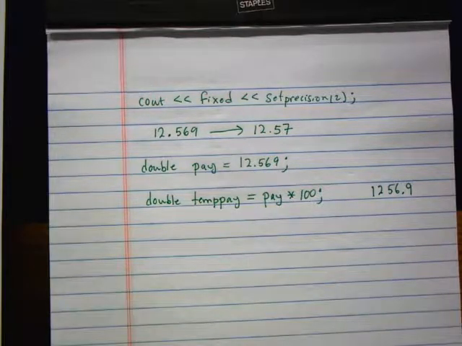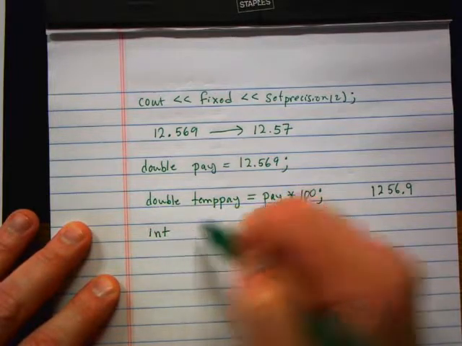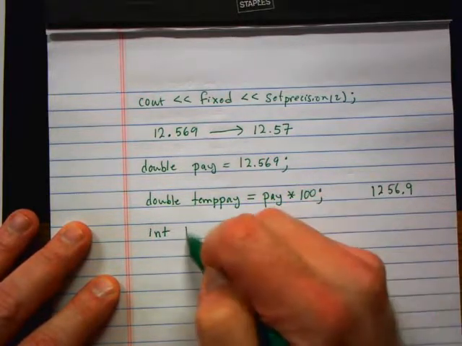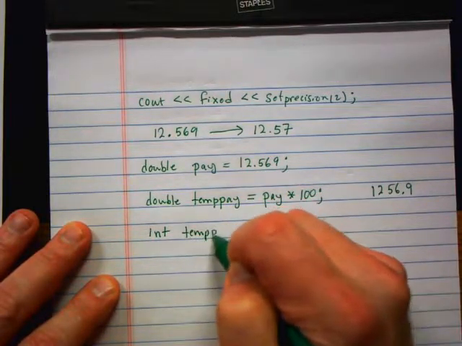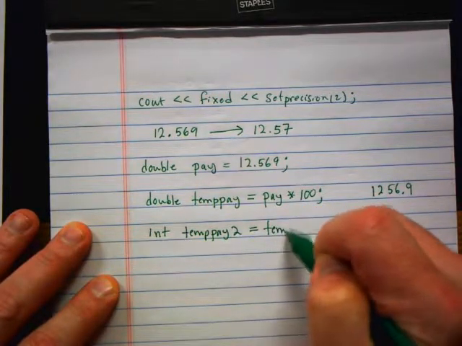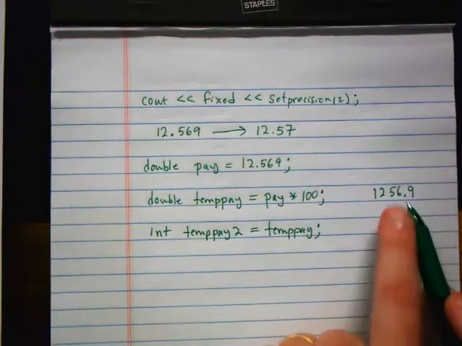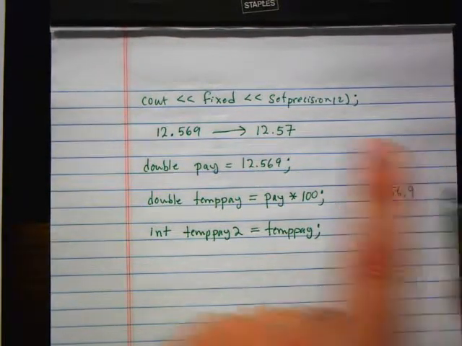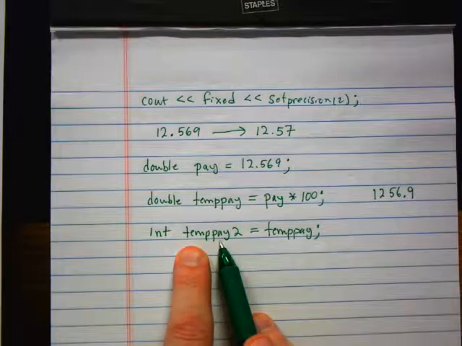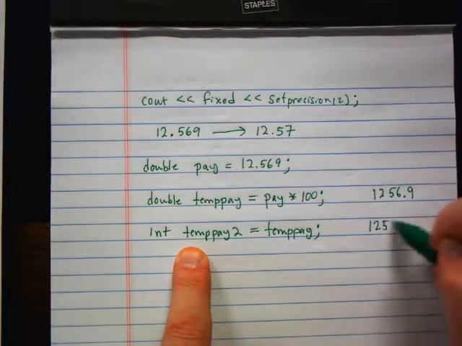Then I'm going to make it an integer: int tempPay2 equals tempPay. When I take a double like this and send it to an integer, what does integer do? Integers truncate. So this would now be the number 1256.